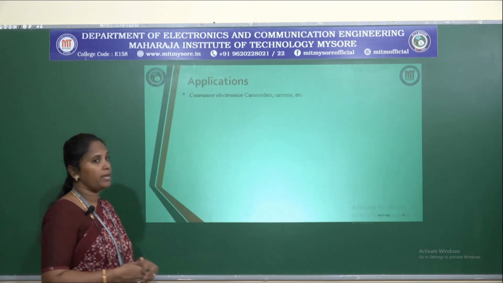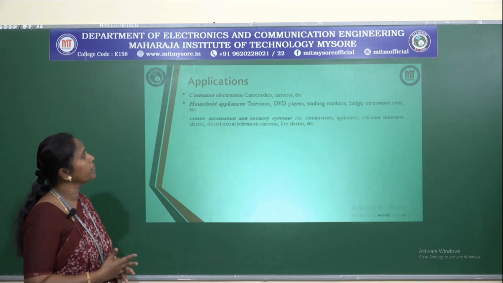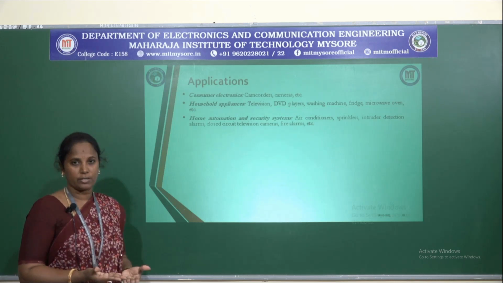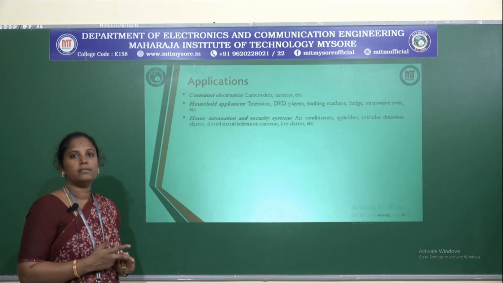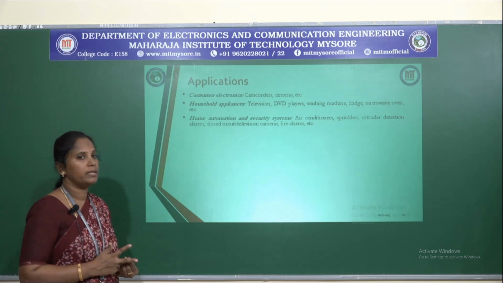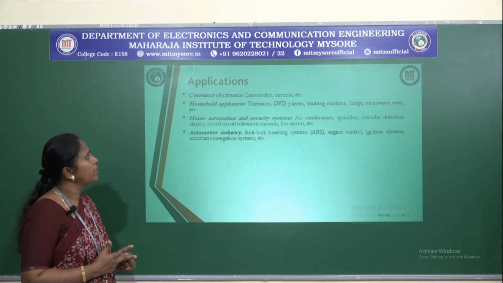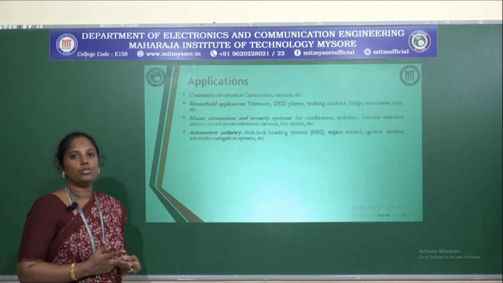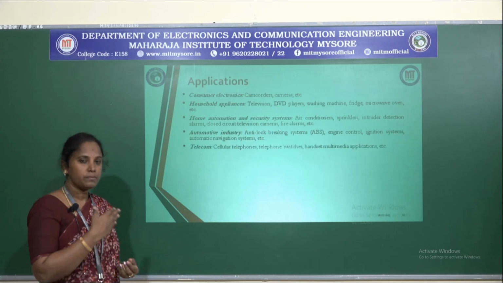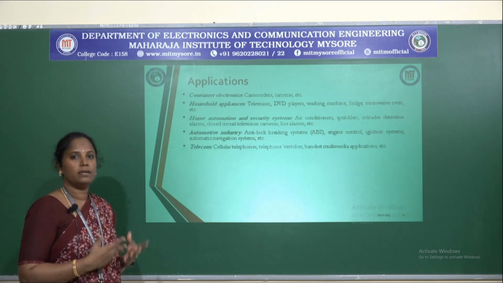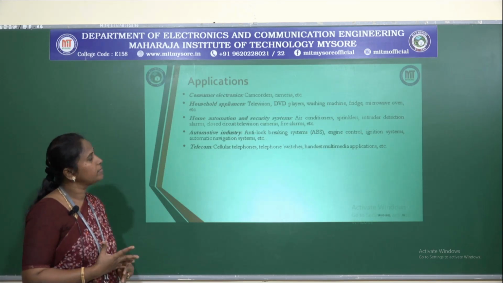So next are the main application areas where we are going to use our embedded system. Like consumer electronics, in the case of digital cameras and video recorders, that is your camcorders. Then household appliances, the devices we use in our home; without TV, we cannot survive.